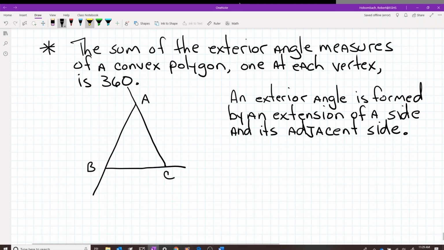So if you take side AB, do you see how this is its extension? This yellow piece is its extension, and BC is its adjacent side. So there's an exterior angle. Side BC, this is its extension, and CA is its adjacent side. So here's an exterior angle.